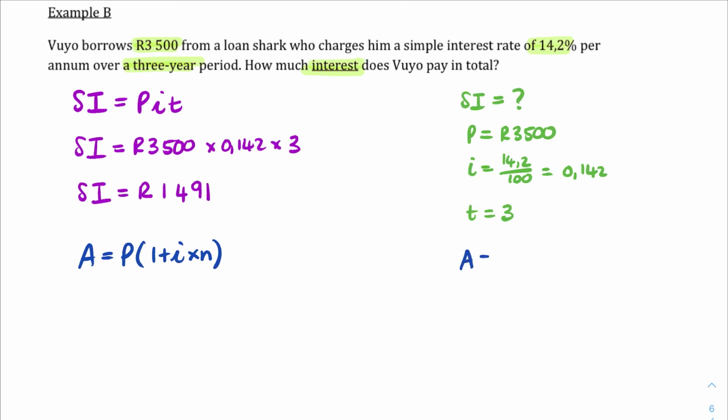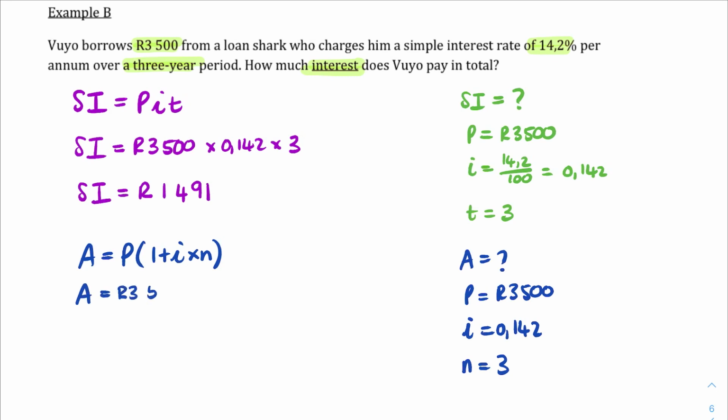In this case, we can work out what the A value is because we know the P value is 3,500 Rand. The interest rate, just like last time, is 0,142, and the N, the time period, is 3 years.